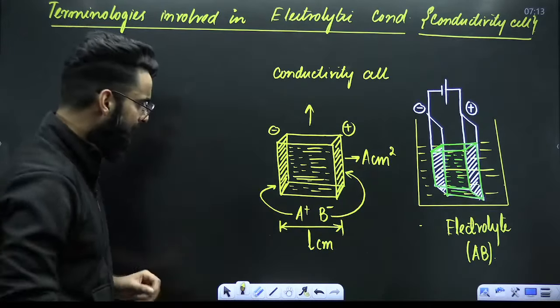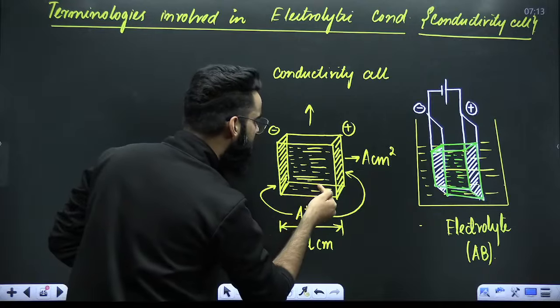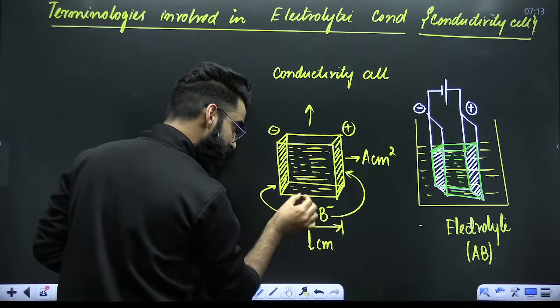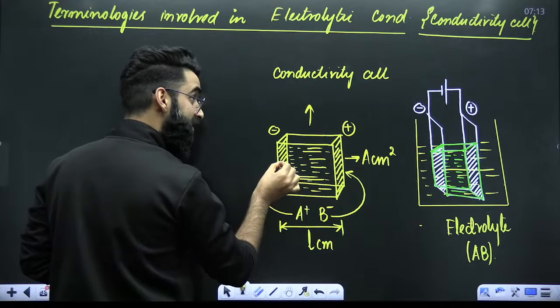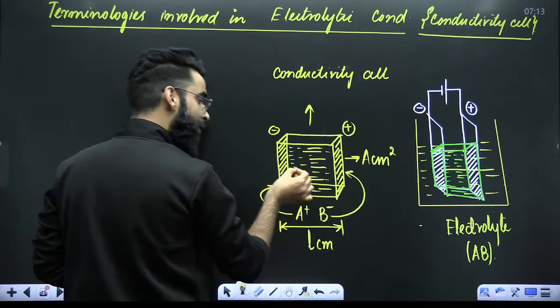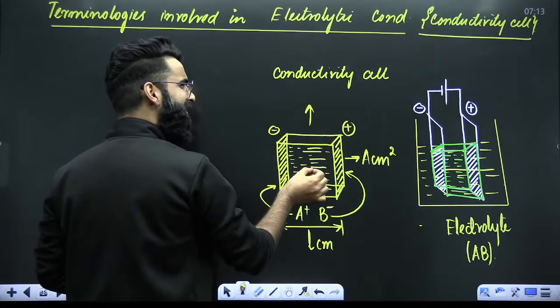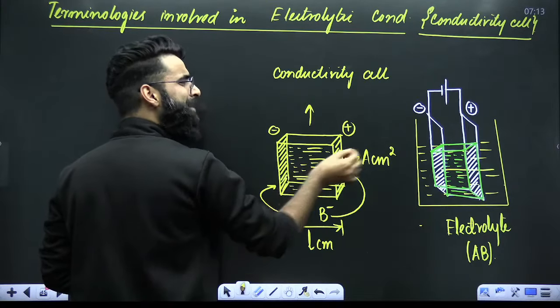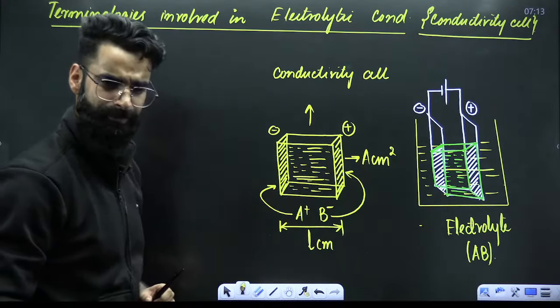Now tell me one thing. When A positive will be moving towards the negatively charged plate, during the movement of A positive, can I say there will be some B negatives which will be attracting the same A positive towards itself?